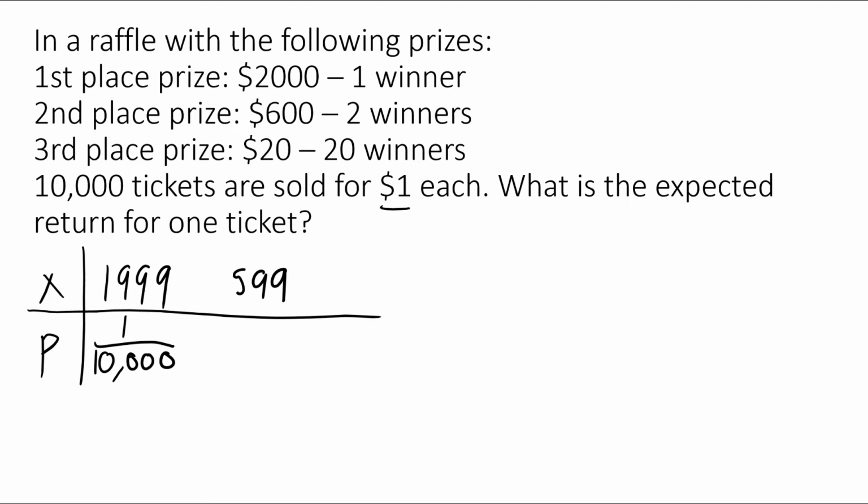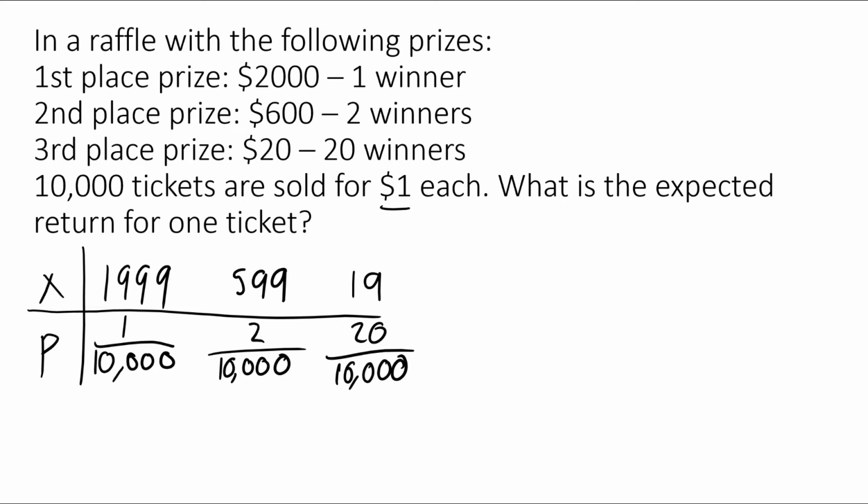There are two winners of that prize, so that's 2 out of 10,000 for the probability. All right, third place prize is $20, so they would win $19 because they, again, paid $1 for the ticket. And there are 20 winners, so that's 20 out of the 10,000.